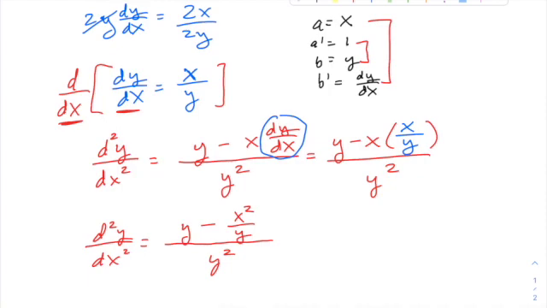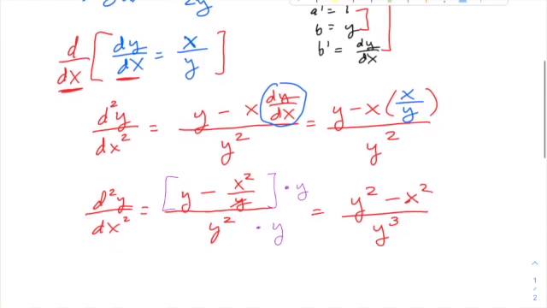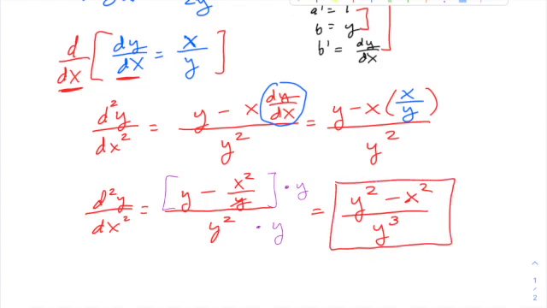So I like to handle these by multiplying through by that LCD, which in this case is y. So I'm going to multiply the top and bottom of this by y. And that is going to give me, when you distribute that y through, you'll get y squared minus, and then it will just cancel with that y. So you'll have x squared over, and in the denominator, don't forget to multiply that. So y squared times that y will give you y cubed. And there is our second derivative. And that would be a perfectly acceptable answer.